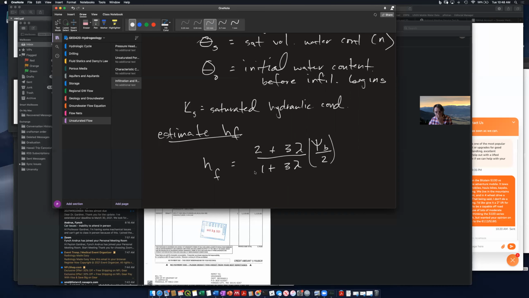This allows us to estimate the capillary pressure at the wetting front for our soil.